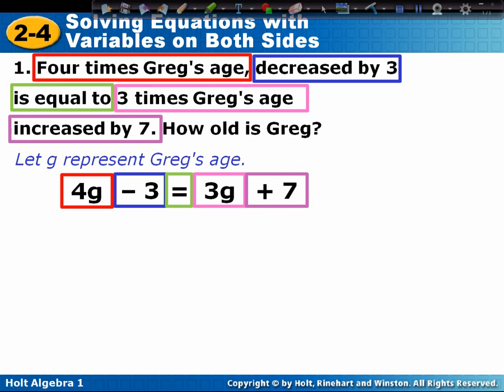How old is Greg? In order to find out how old Greg is, we have to solve for G.